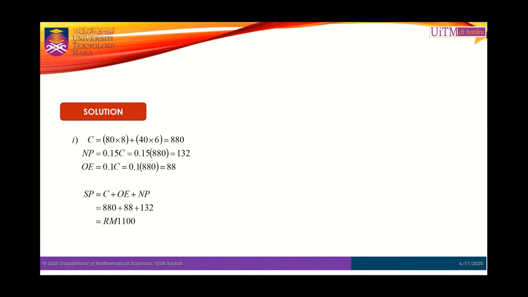And then the net profit is simply equal to 15% based on cost. So that means 0.15 multiplied with 880, you get 132. And the operating expenses is 10% based on cost, so it is 0.1 multiplied with 880, which gives 88.